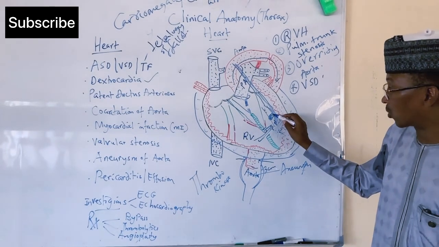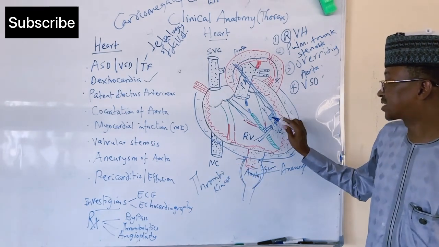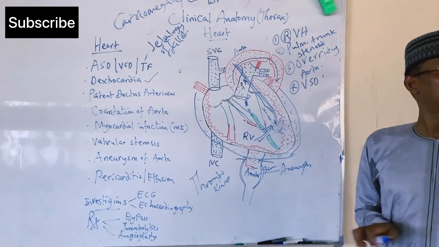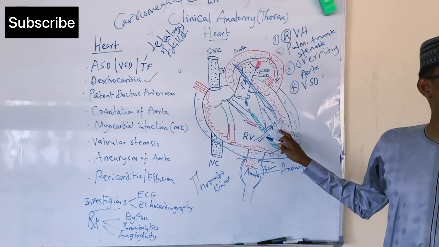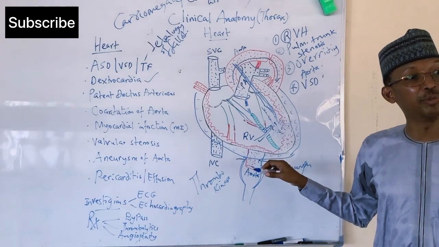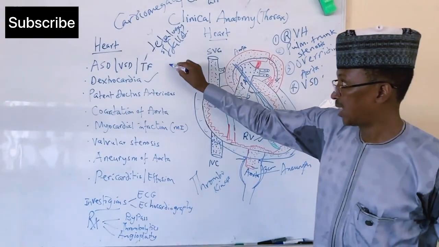So it will block this artery, and so this thrombokinase will come and lyse, it will chop up this block so that blood will just continue going there. Are you clear?